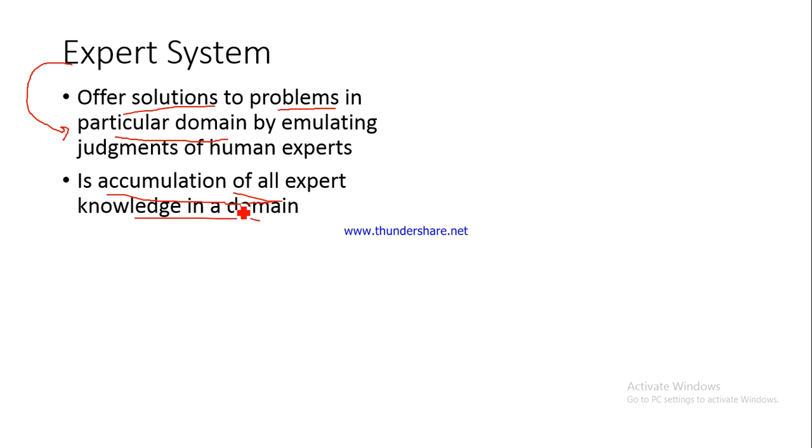We said that expert systems emulate judgments of human experts. They emulate their judgments because they have all the information which the human experts have. That knowledge is fed into the expert system, and this helps them make decisions like experts.